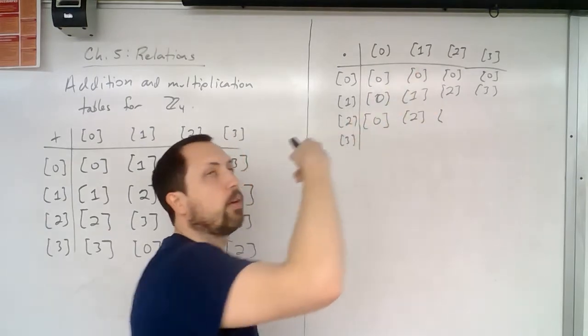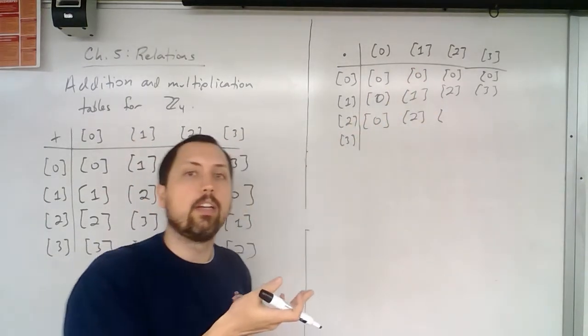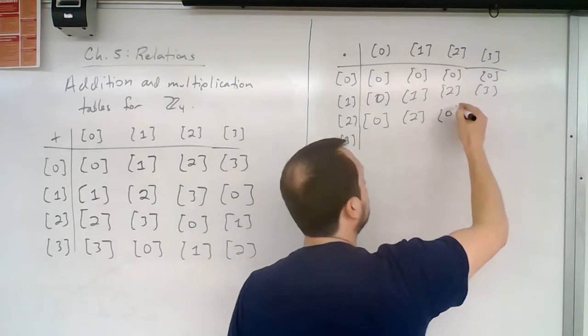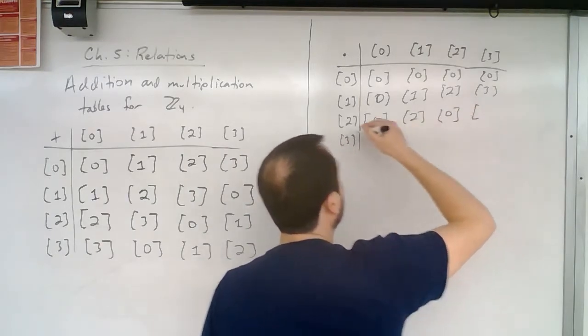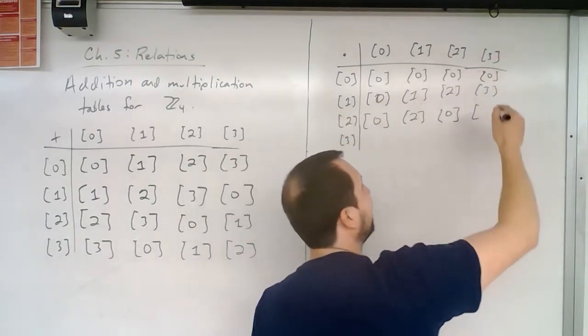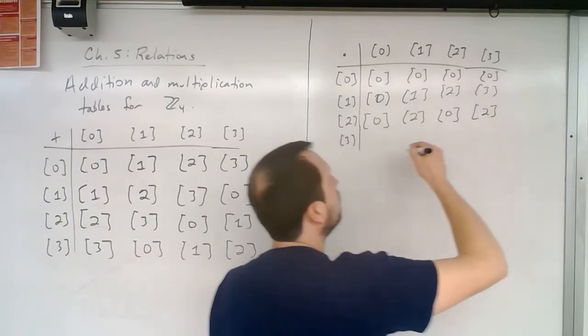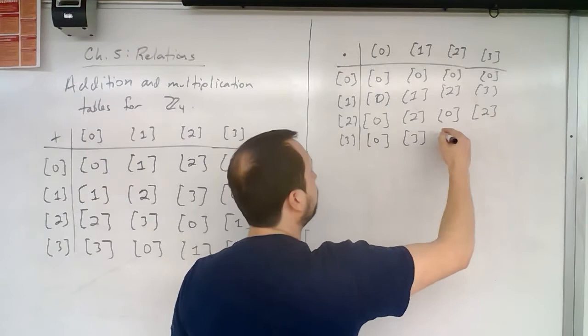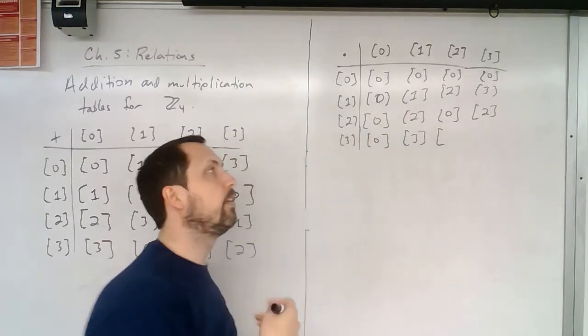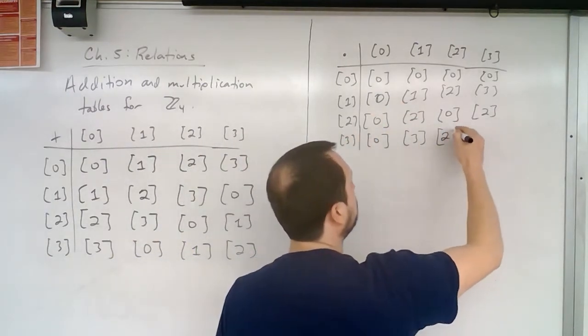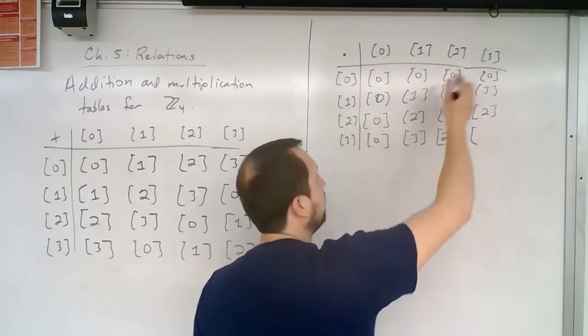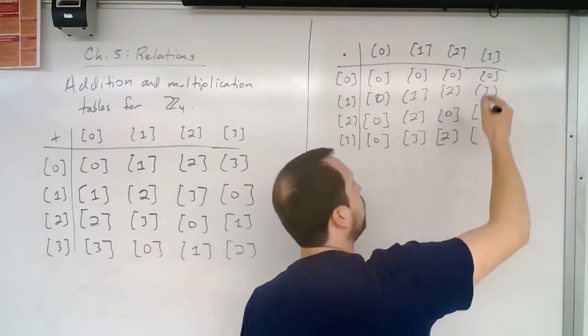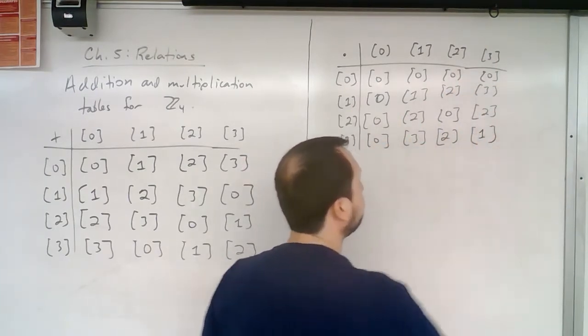Now, if I take 2 times 2, I get 4. But again, that 4 is the same thing as 0 mod 4. And then if I multiply 2 times 3, I get 6, and that's the same thing as 2. And I do 3 times this, I get 0. I get 3. 3 times 2 gives me 6, and that's the same thing as 2. And then 3 times 3 gives me 9, which has a remainder of 1.